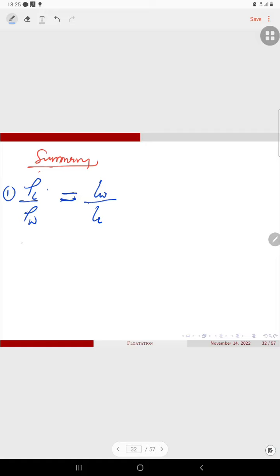So this is our first equation. Then the second equation, this one stands for RD, the relative density of the liquid which we want to calculate, is equal to length of submerged part in water over length of submerged part in liquid. So these are two powerful equations we should take note of.